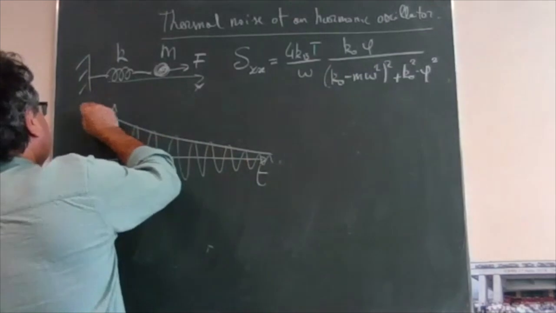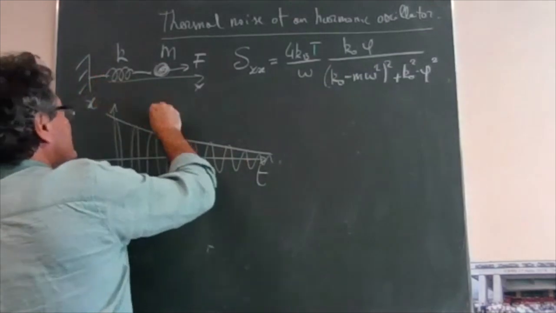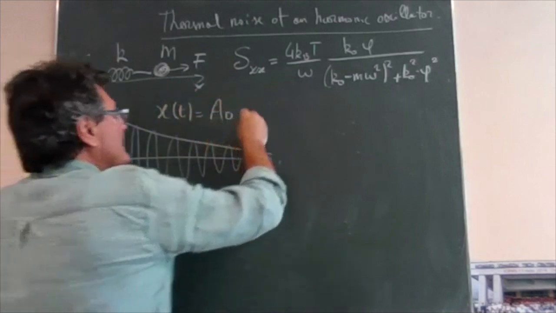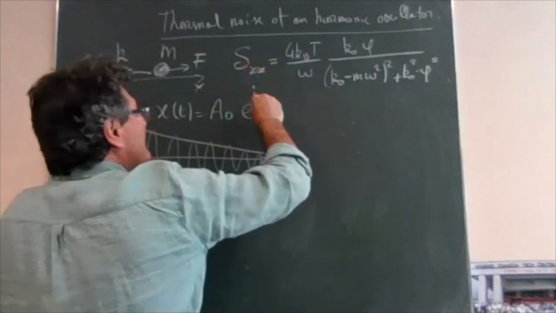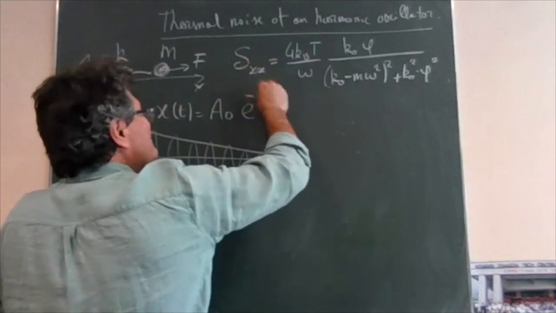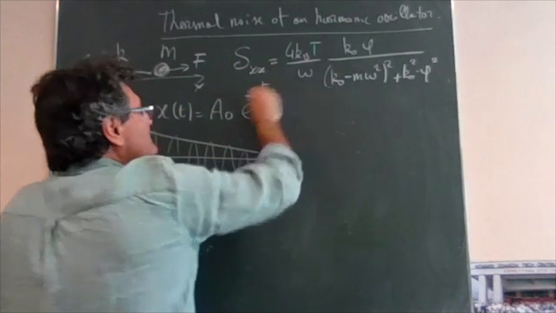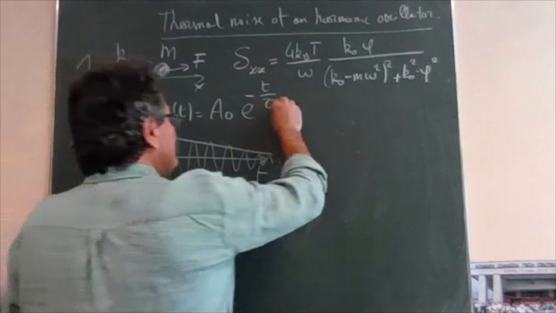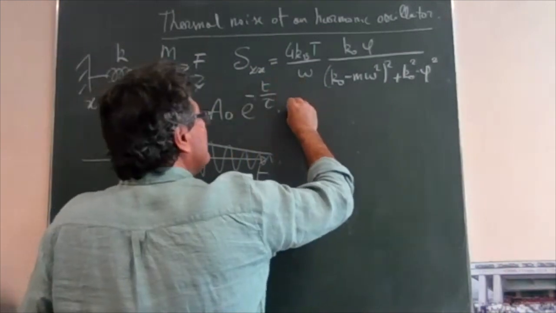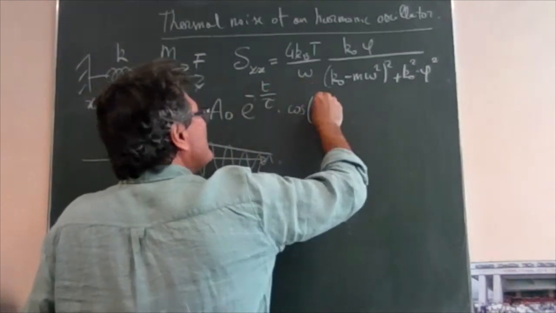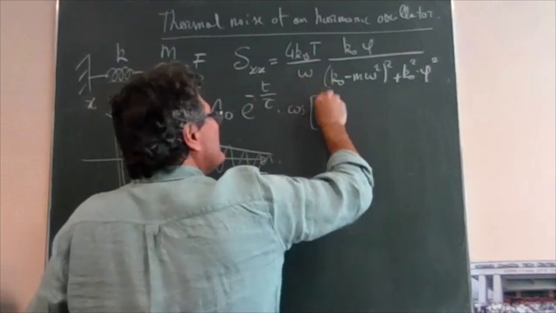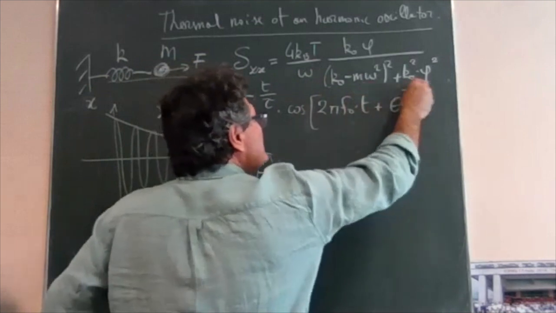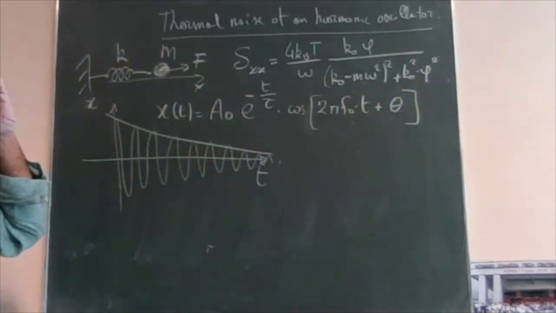So x of t is the initial amplitude A naught, e to the minus t over tau, times cosine of 2 pi f naught times t plus an initial angle theta.